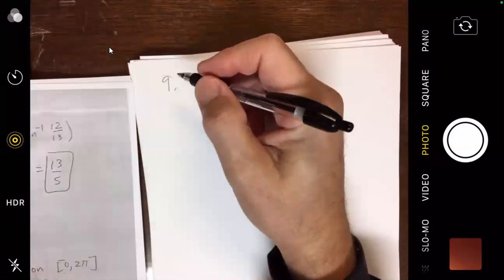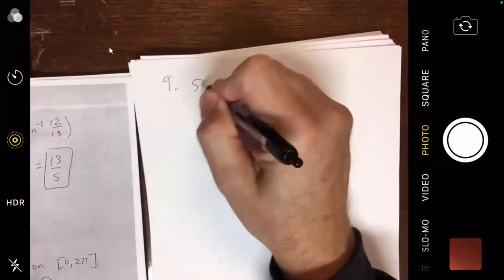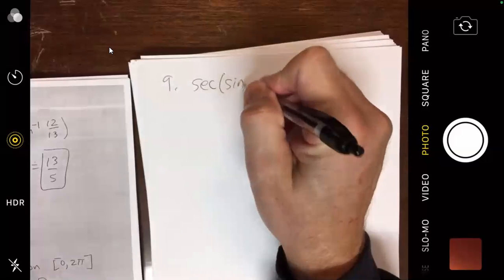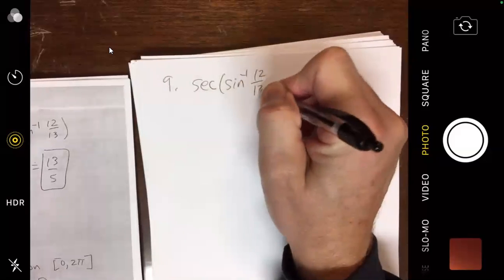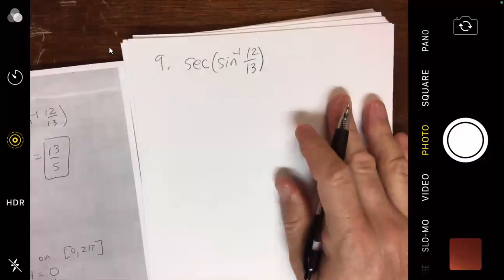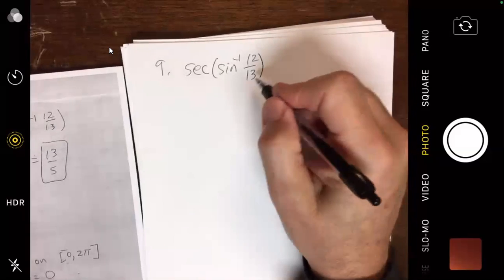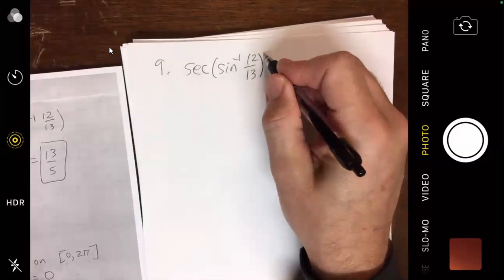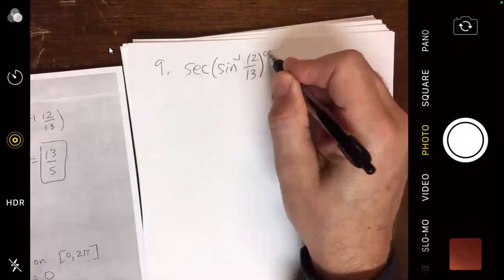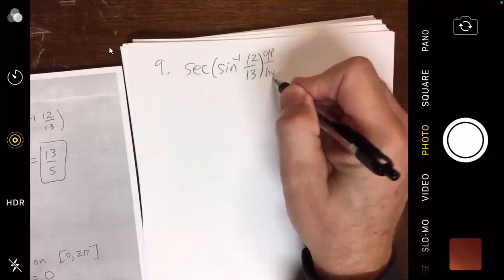Number 9. Secant of arc sine 12 over 13. So you want to label this according to the sine, opposite over hypotenuse.